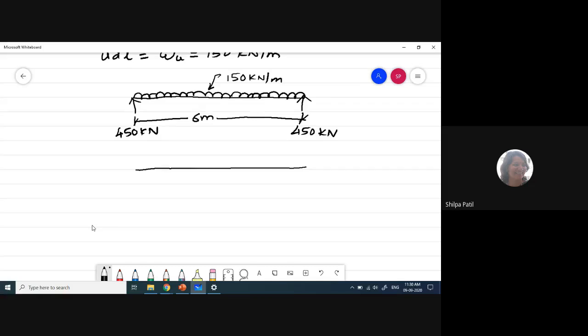Now, how will be the shear force diagram? Whether it is a rectangle or triangular. Two triangles, triangular, correct? So at this end, there will be the maximum shear.